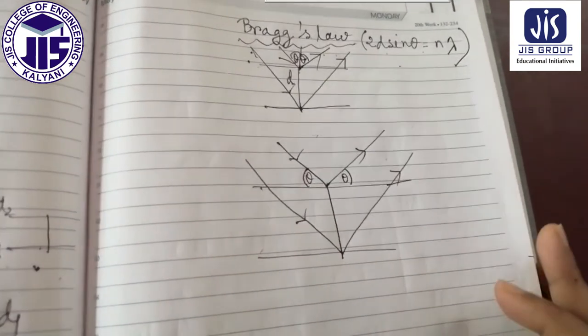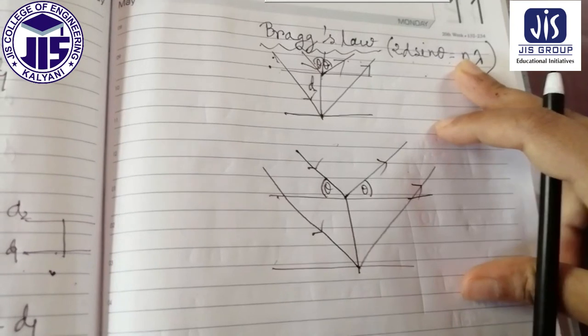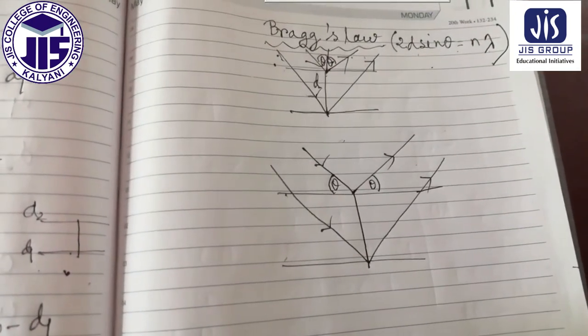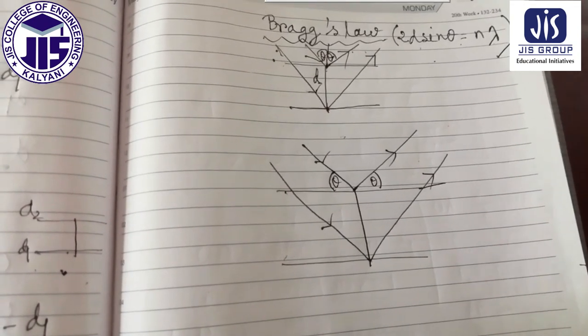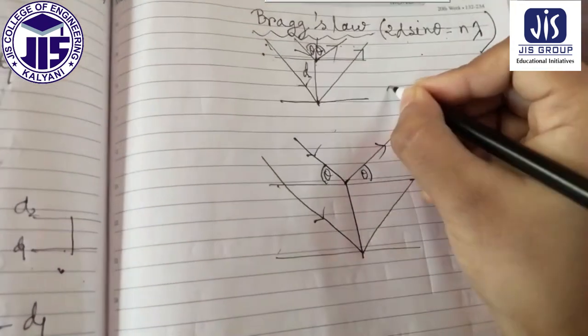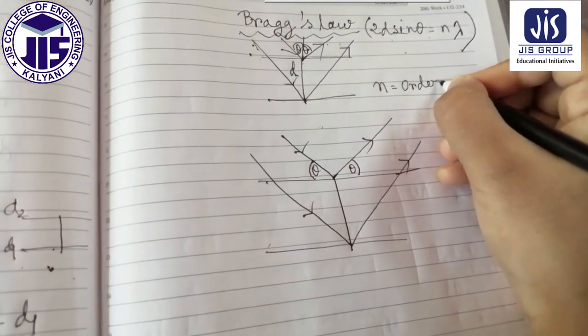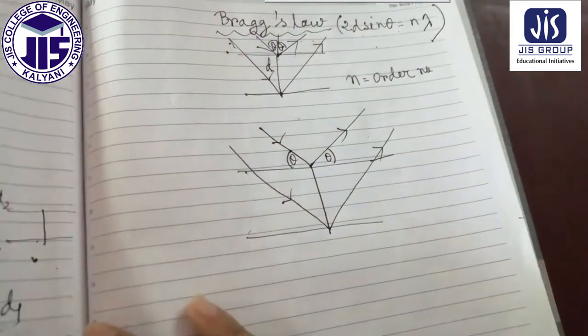So now what is n? n is nothing but the reflection number. If you have to do some numerical, then you can see first order reflection, second order reflection. So n is nothing but the order number.